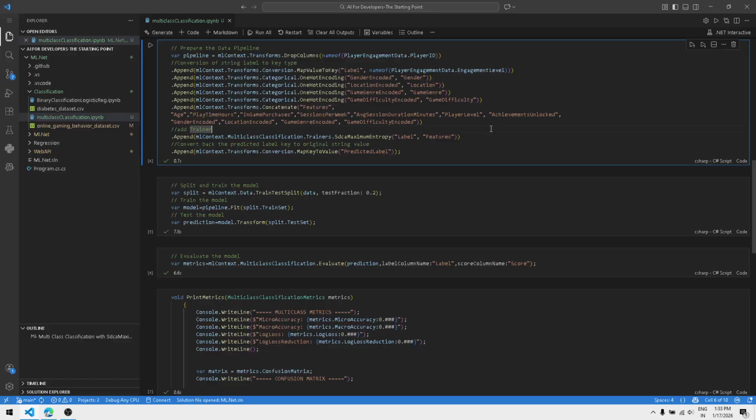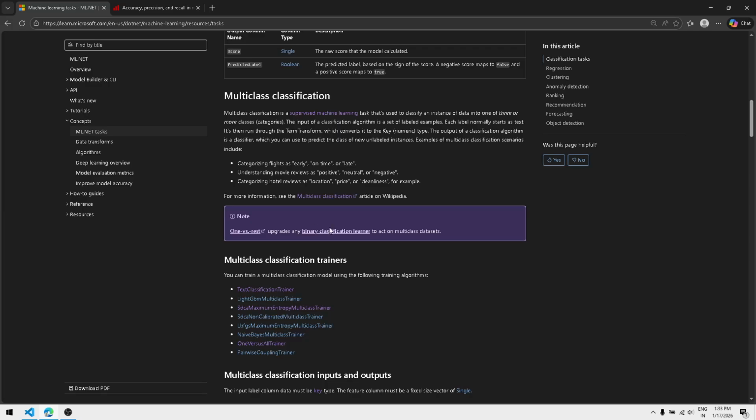And for those tree level searching, you have many trainers. We already talked about those trainers, and I will give you the reference of those trainers. You can see over here multi-class classification. There are linear and non-linears, so you can use those. LightGBM is one of them, and then we use SDCA non-calibrated.